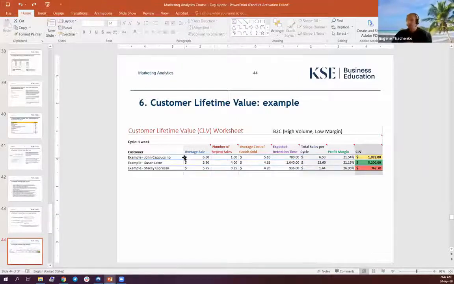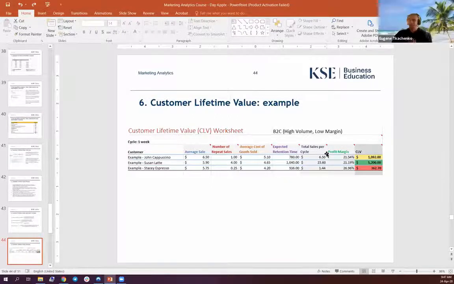So you just calculate the average sale, the average number of repeat sales for a given time period, the average cost of goods sold per type of coffee, and the expected retention time for each of those groups of customers.